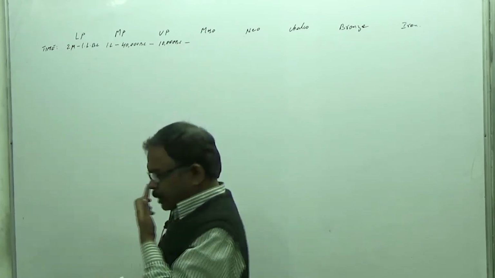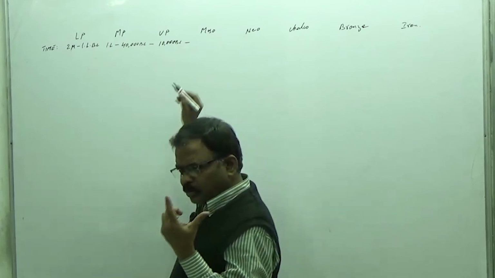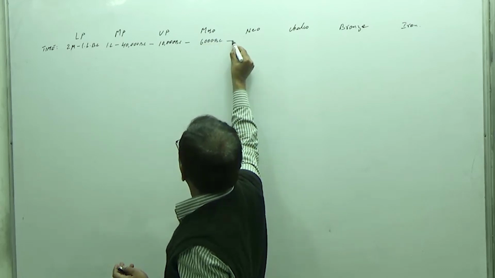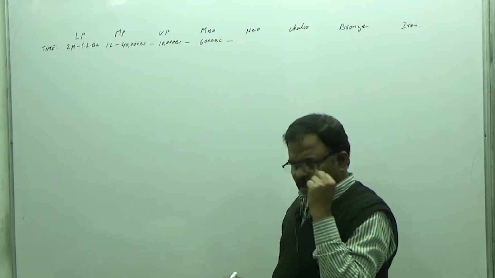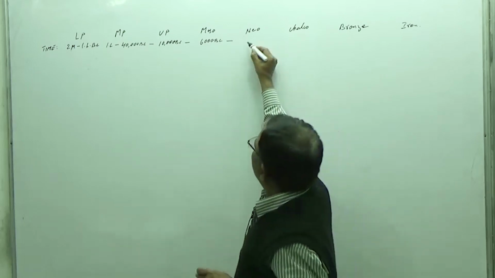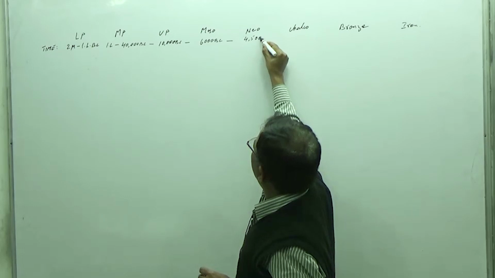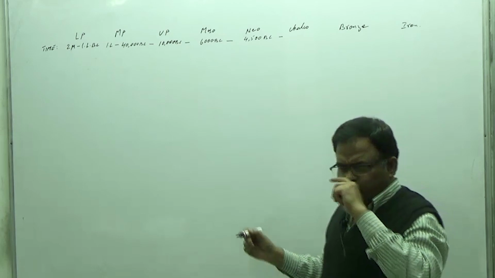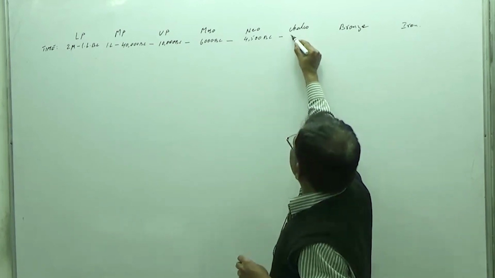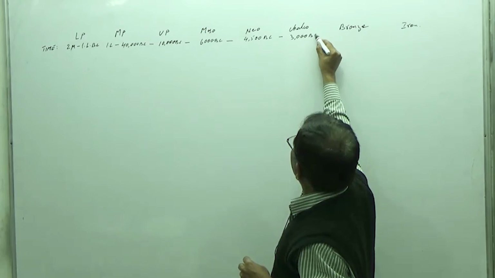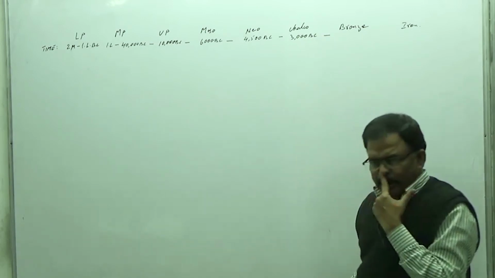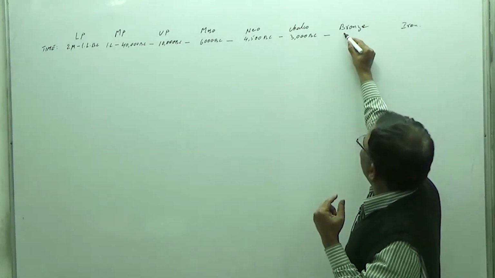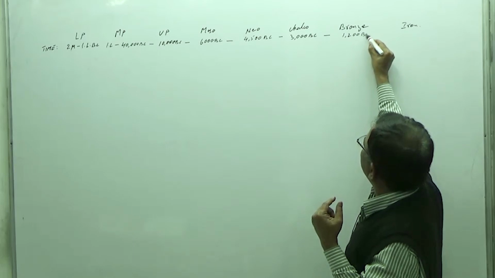Mesolithic. 10,000 to 6000 BC. Neolithic, 6000 to 4500 BC. Chalcolithic, 4500 BC to 3000 BC. Then Bronze Age, 3000 BC to 1200 BC.